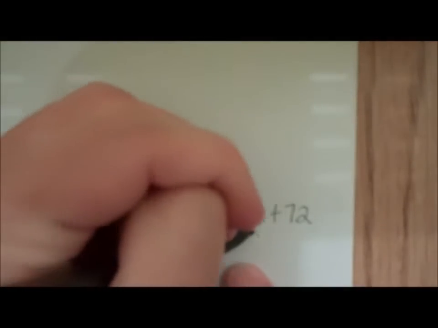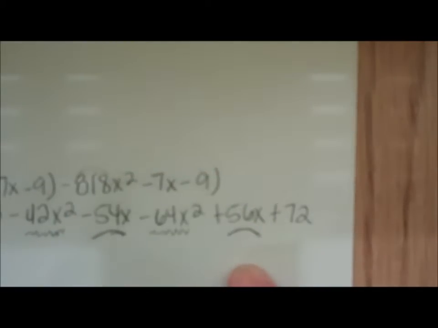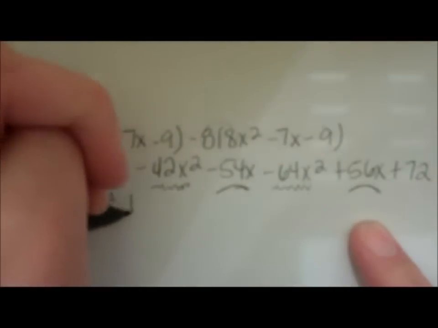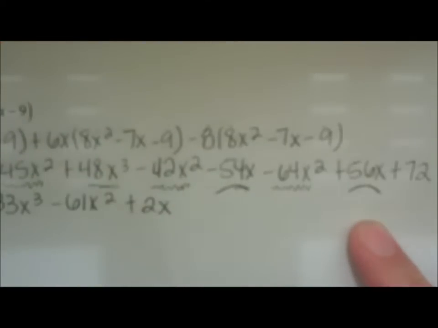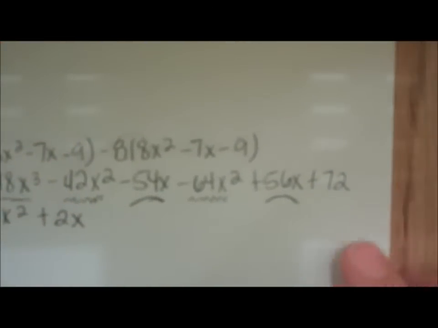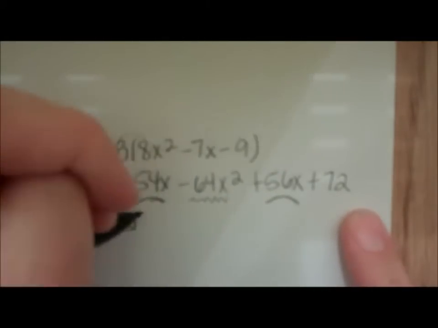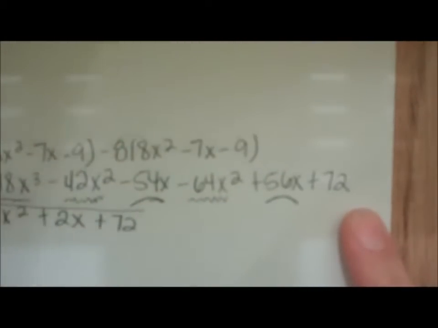And I have a positive 56x there. When I combine those, I get positive 2x. And finally, I look to see what else I have, and I still have a positive 72 left. And that is my answer.